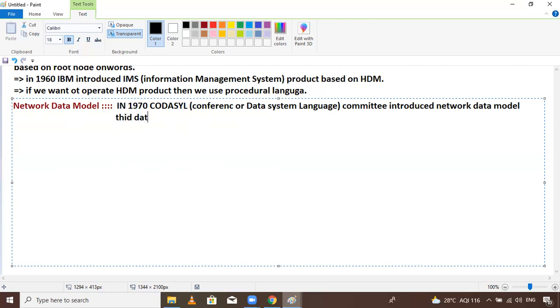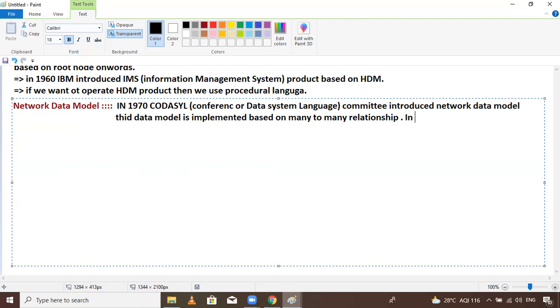This is the total theoretical part, guys. This data model is implemented based on many to many relationships.